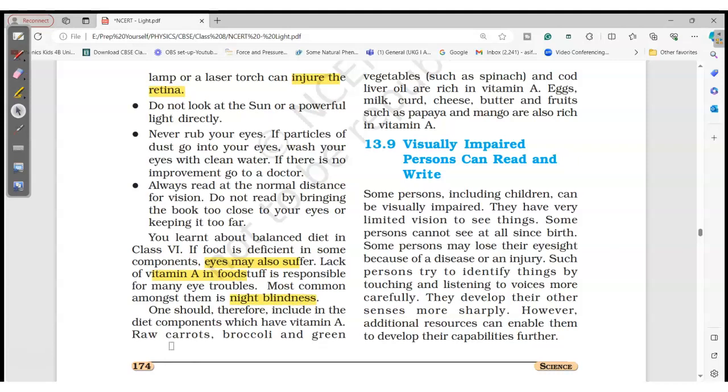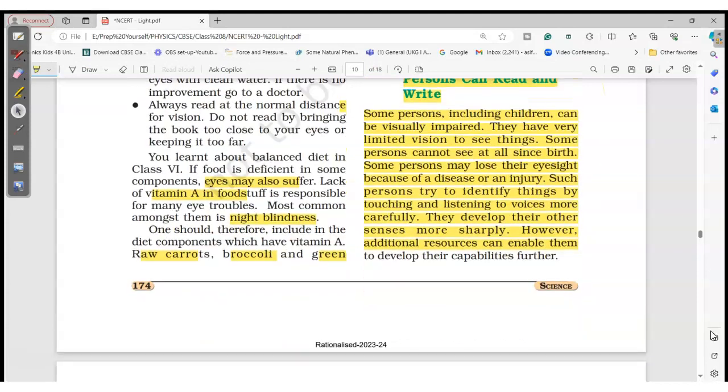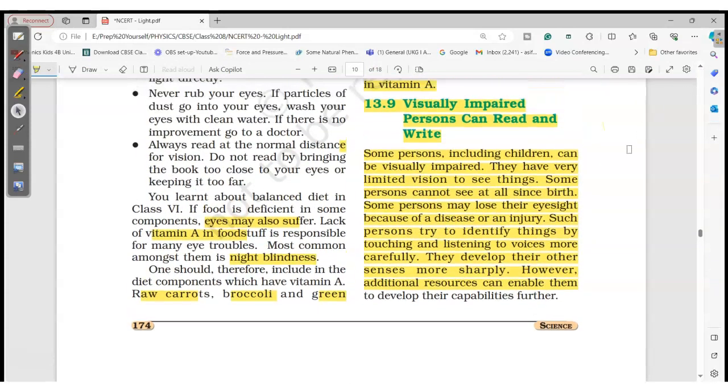So eat a diet which has sufficient amount of vitamin A, like raw carrots, broccoli, green vegetables such as spinach. All right, eggs, milk, curd, cheese, butter, fruits such as papaya and mango, they are all rich in vitamin A.